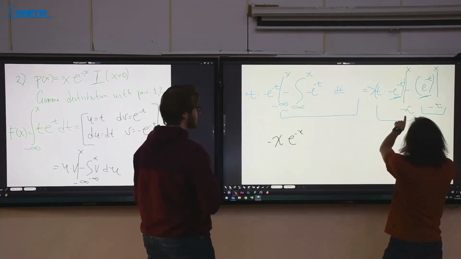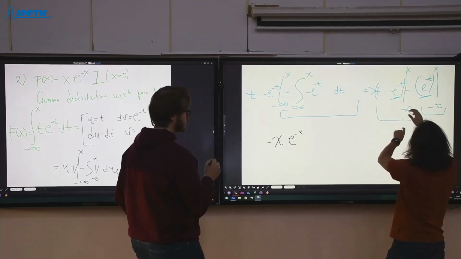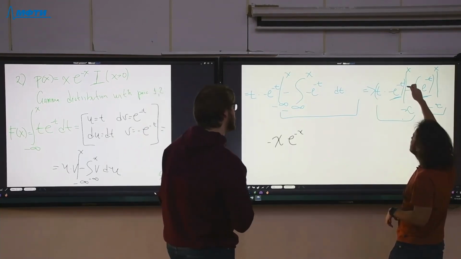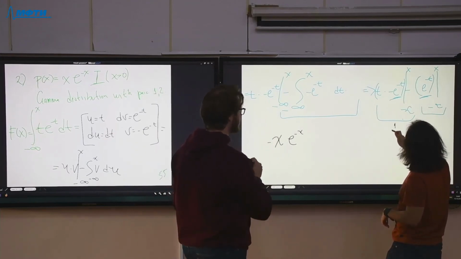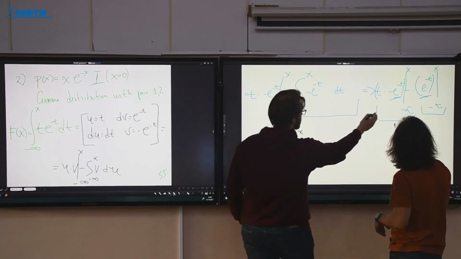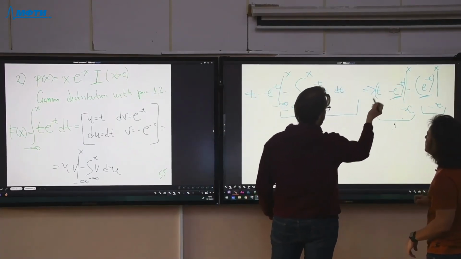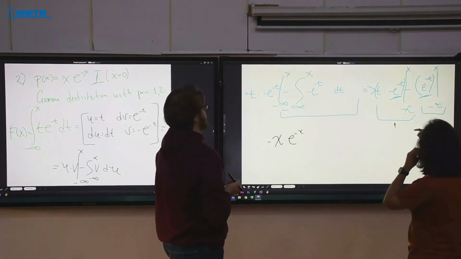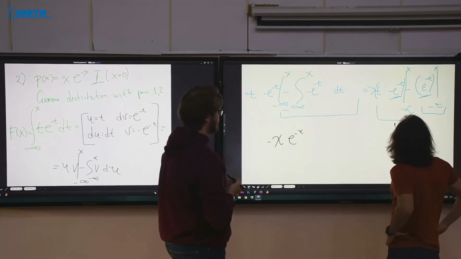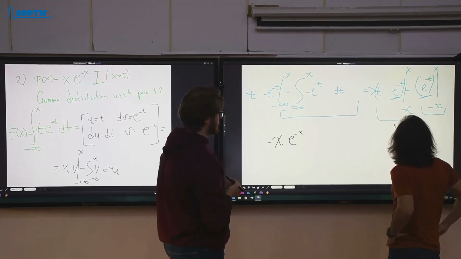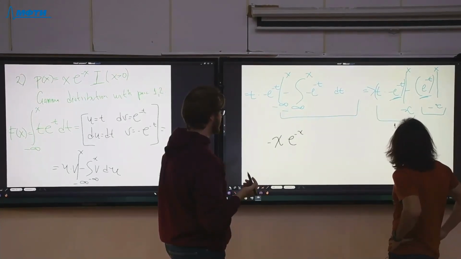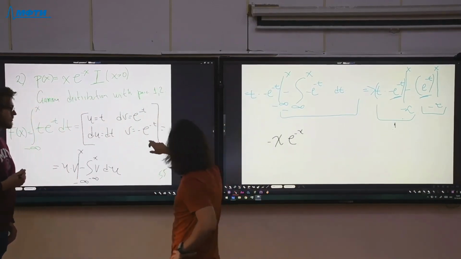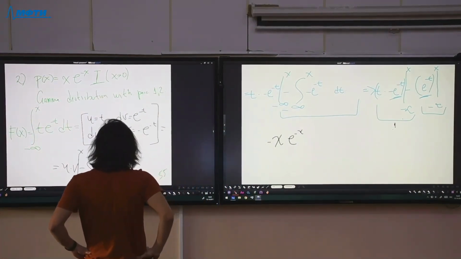When we have infinity, then we will have e to the power of positive infinity, so is it zero? Maybe it's equal to 0. Wait, so what's the deal here? Something is not good.